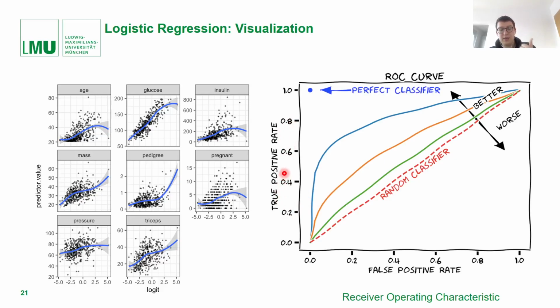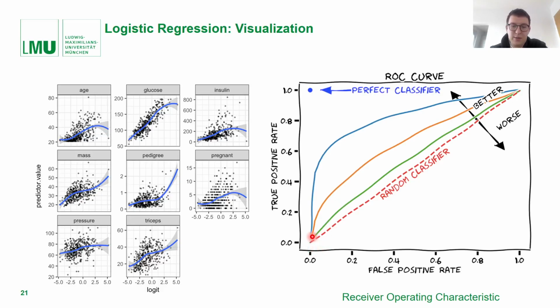So a bad tumor that has been classified as bad by the model, and the false positive rate. So a benign tumor that has been classified falsely as malignant. Of course we want to maximize our true positive rate and minimize our false positive rate. This is depicted in this dot here, so this would be the perfect classifier model.